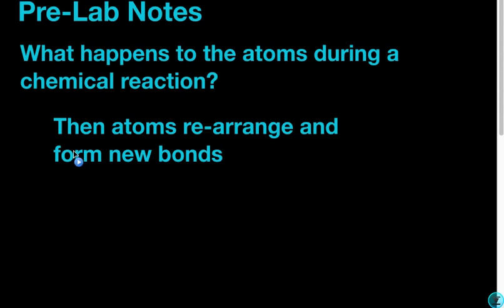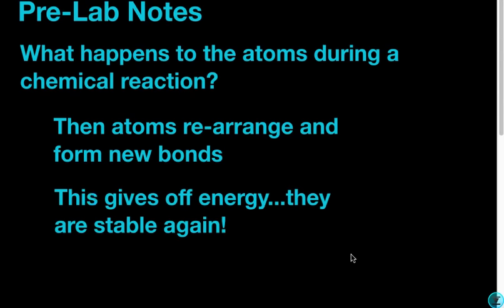This rearranging, and especially the formation of these new bonds, is going to give off energy. They're going to be more stable in this new bond form than they were when they were broken all apart from each other, while they were loosey-goosey before they'd snapped into the new bonds. This part's always going to give off some energy.